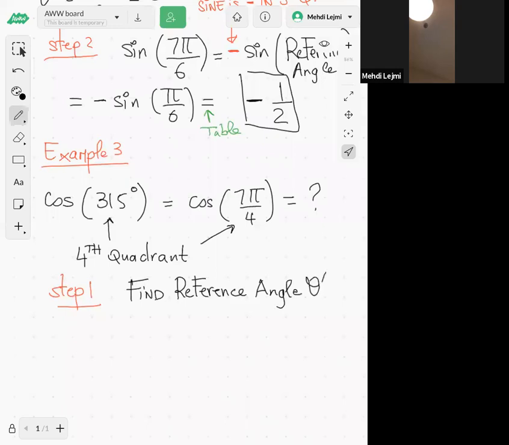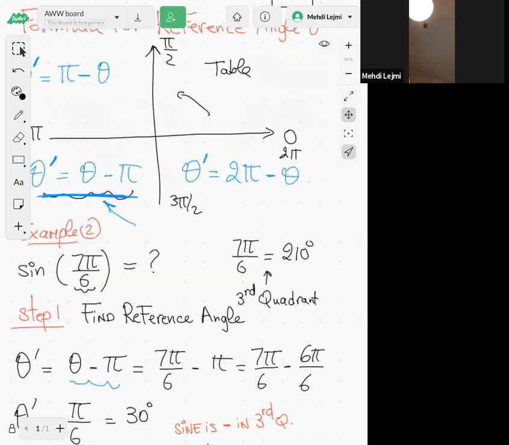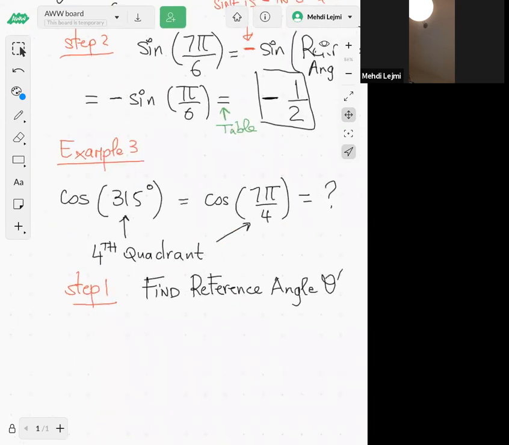Because we are in the fourth quadrant, the formula for the reference angle is different. My reference angle would be 2 pi minus theta.